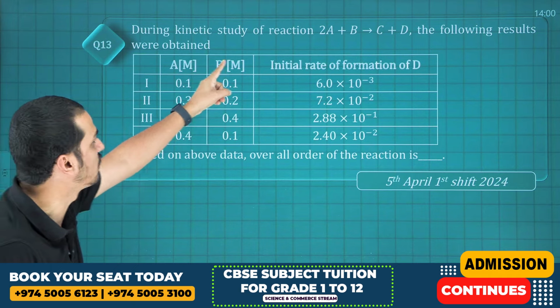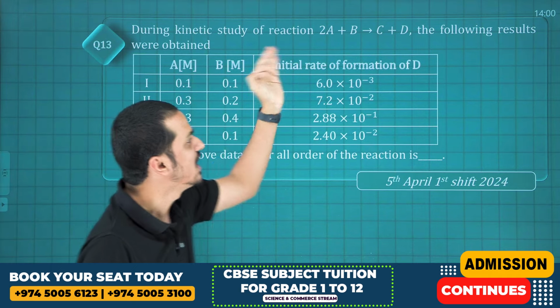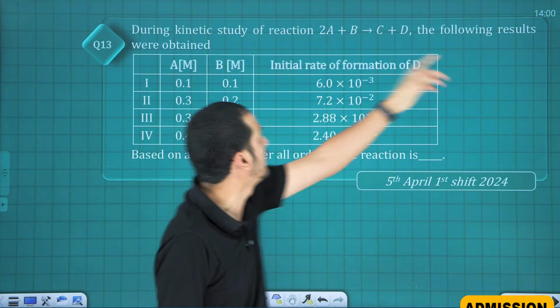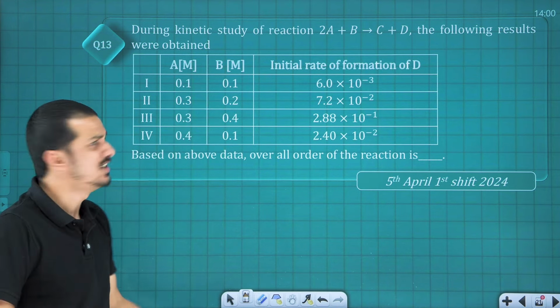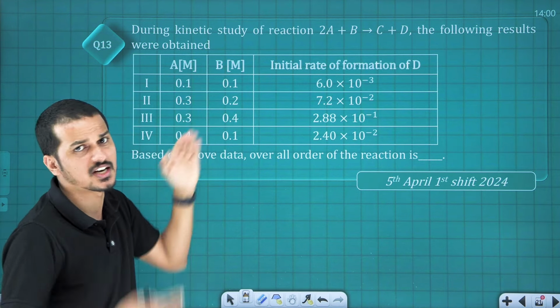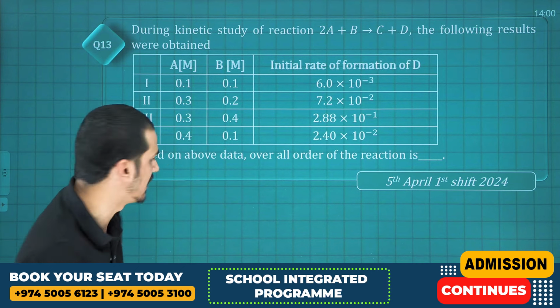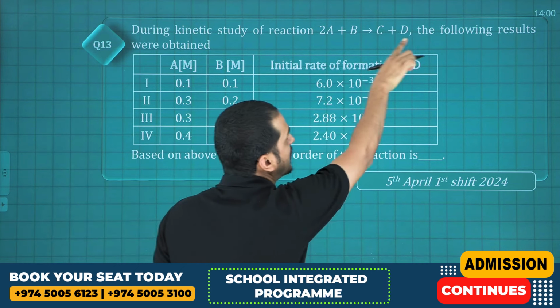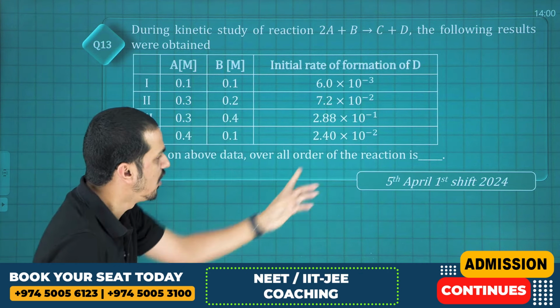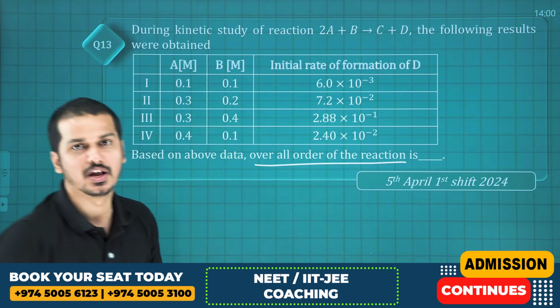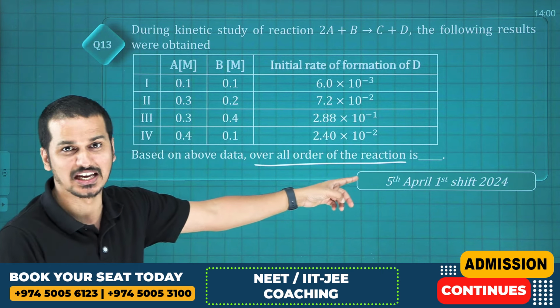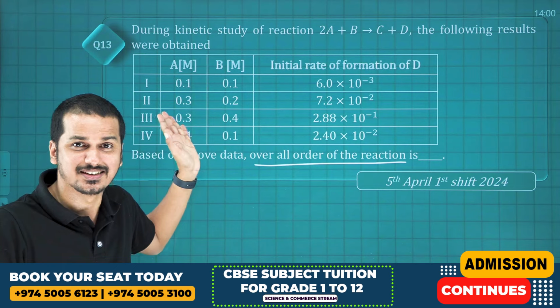During the kinetic study of the reaction 2A plus B gives C plus D, the following results were obtained. The A concentration and B concentration are changed. We have the equation 2A plus B gives C plus D, and we have to find the overall order. It is an integer type question, no MCQ, no options. Ready?